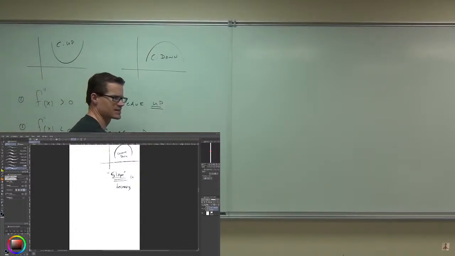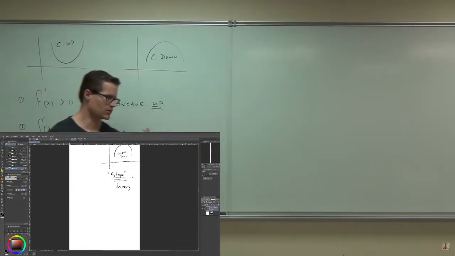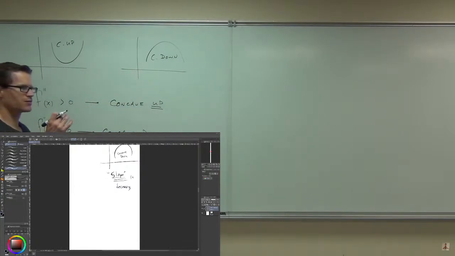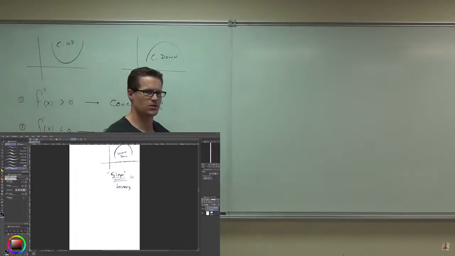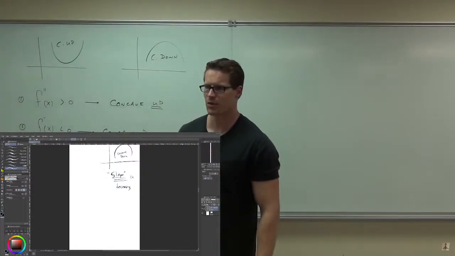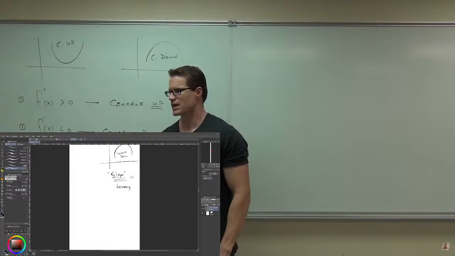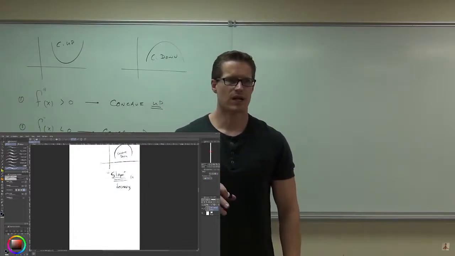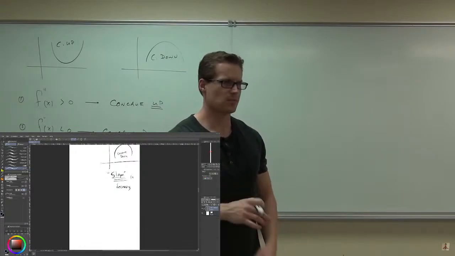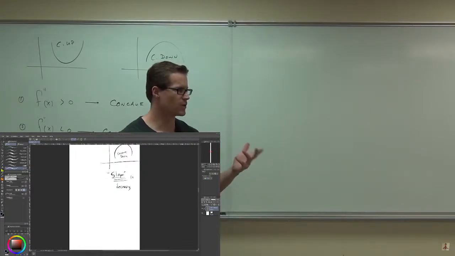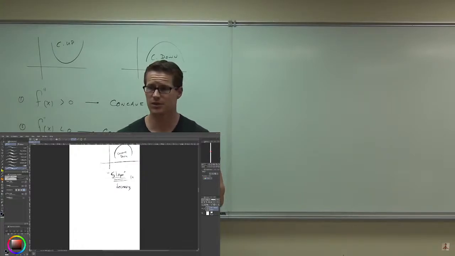I did explain all that last time, right? Okay, good. What would happen if the second derivative equals zero? Well, right now we have a question mark about that. But here's what we're going to fill this out as. If the second derivative equals zero, that means the rate of change of the slope is constant. That means we don't know what's going on right there, but it could possibly be where it changes from concave up to concave down, or concave down to concave up.